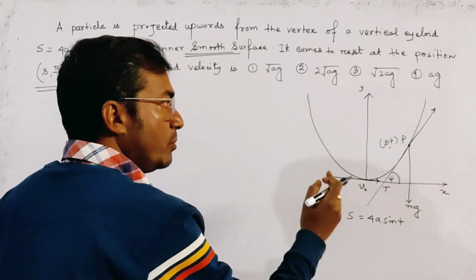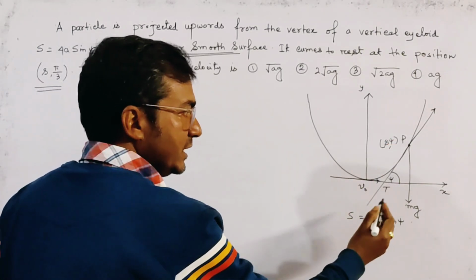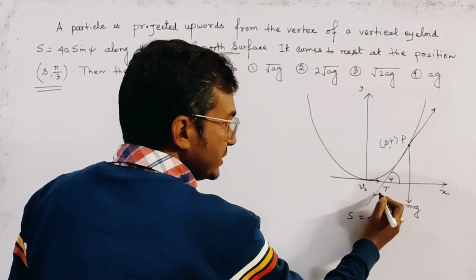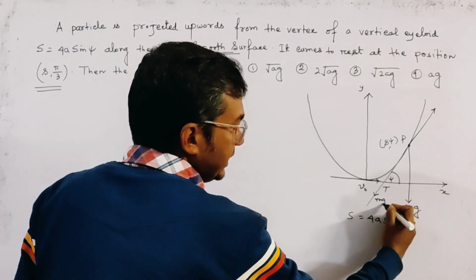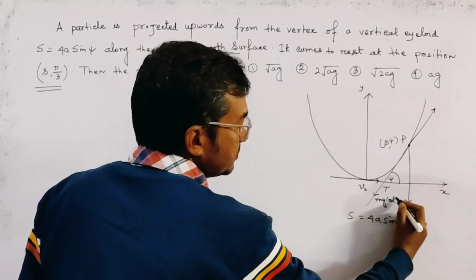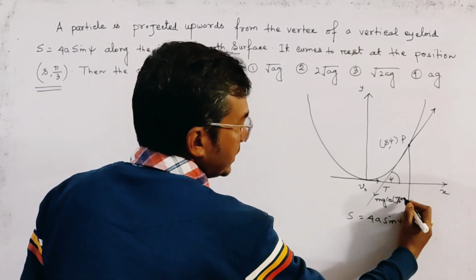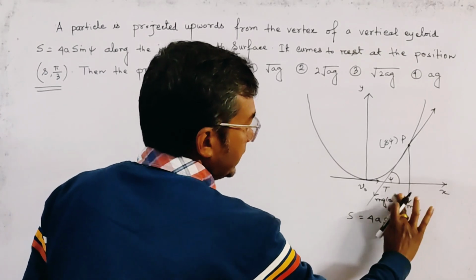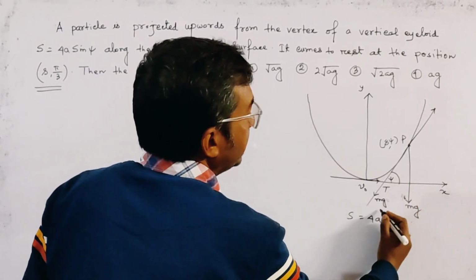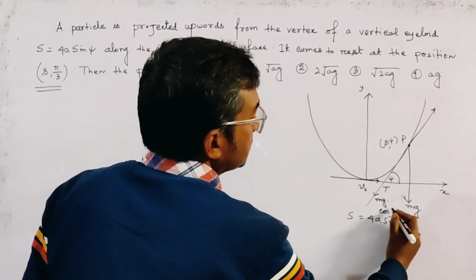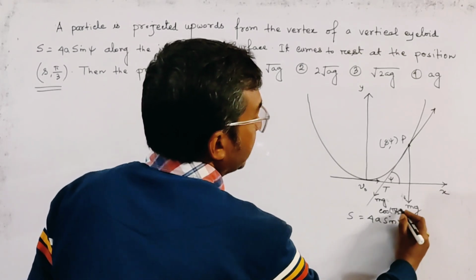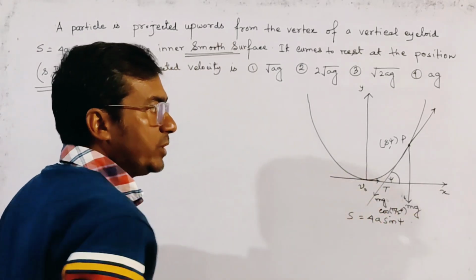find the component of force along the tangent, this is given by mg cos(pi by 2 minus psi). Why cos(pi by 2 minus psi)?